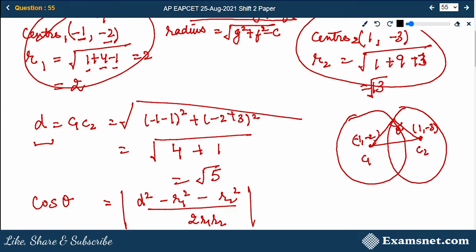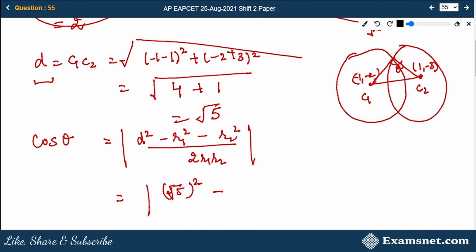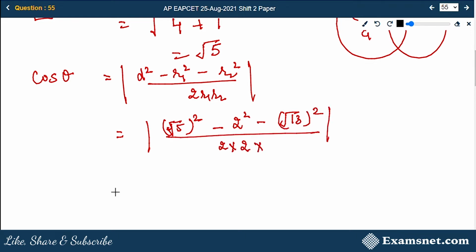Let's fill in the values. d we calculated was under root 5, so under root 5 square, minus r1 square, r1 was 2, so minus 2 square, minus under root 13 square, divided by 2 into r1 into r2.